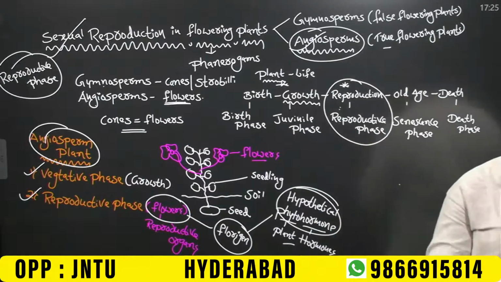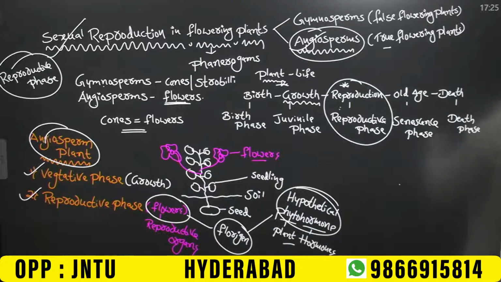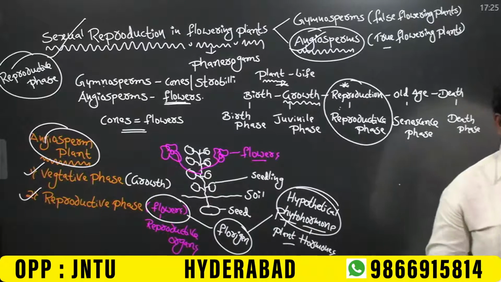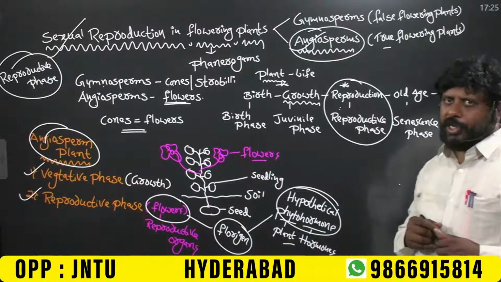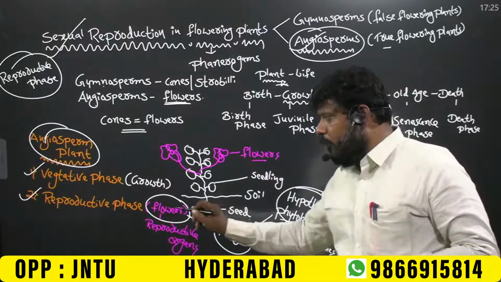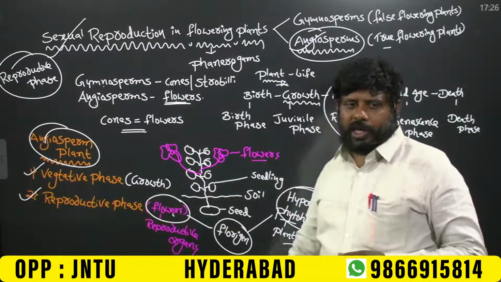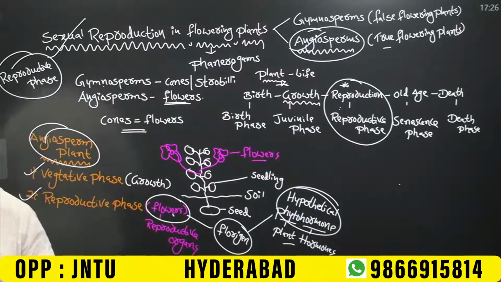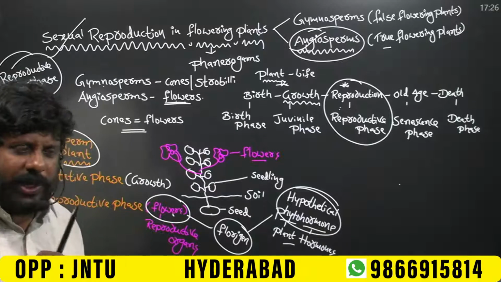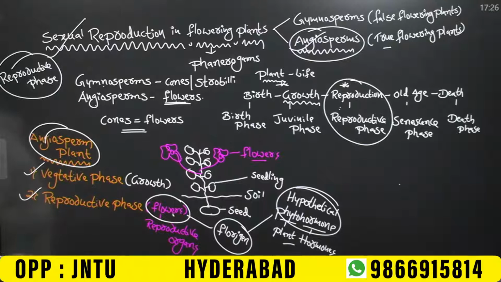We are just expecting that florigen is the hormone responsible for producing the flower during the reproductive phase. Clear?